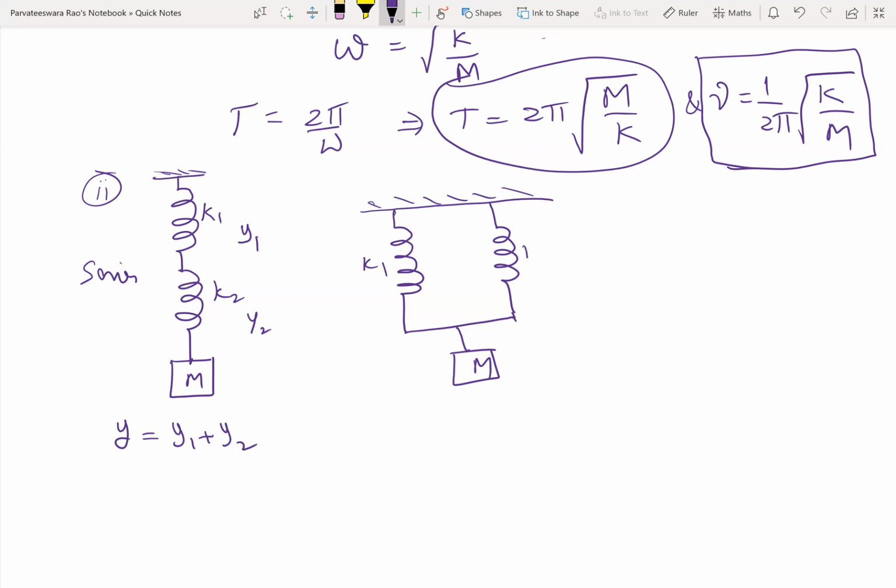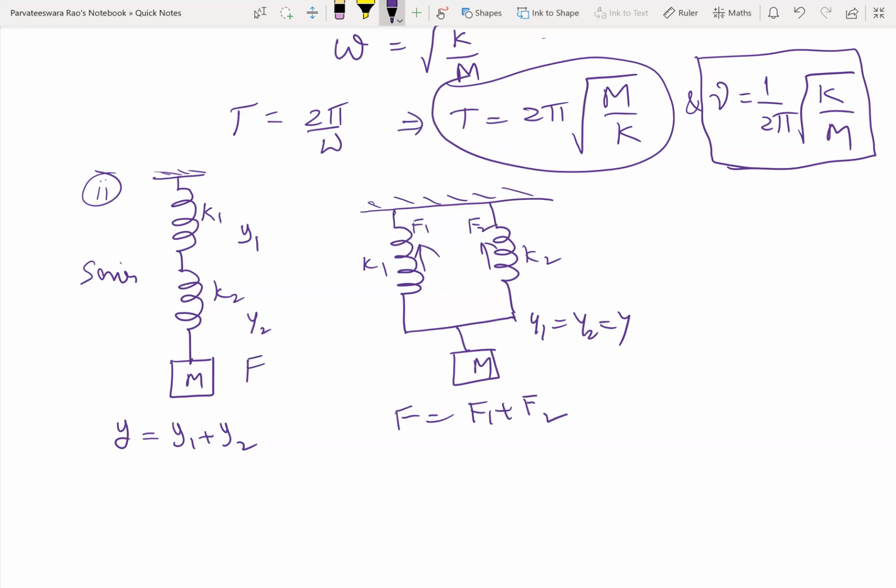Here these two springs k1 and k2 are in parallel, and the restoring forces in the two springs are F1 and F2. So the total restoring force when they are connected in parallel, because here the extension remains the same for both. When springs are connected in parallel, y1 is equal to y2 is equal to y.